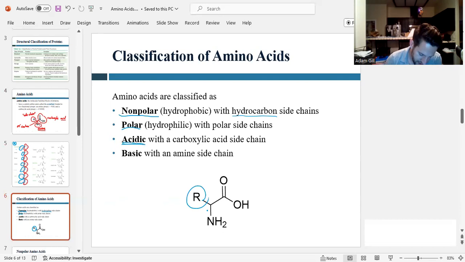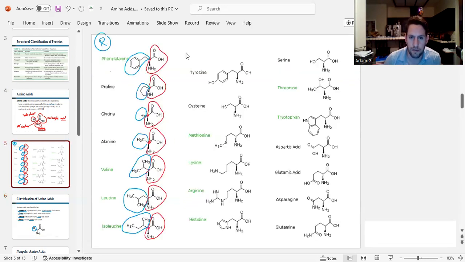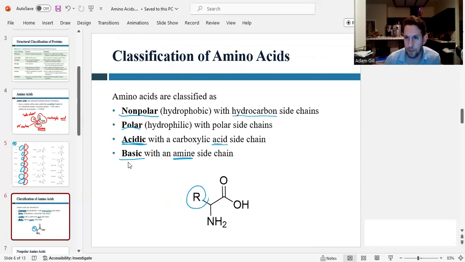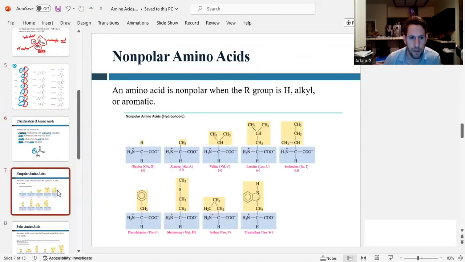If it's acidic, meaning it has a carboxylic acid side chain, we call it an acidic amino acid. And if it has an amine side chain, we call it a basic amino acid. And so these 20 will fit one of these four descriptions. So let's take a look. These are the non-polar amino acids here.